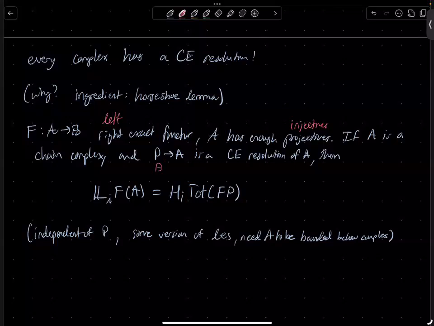So here, if B is a cochain complex and B into I is a resolution, then we get R^i F on B is the cohomology of the total complex of F(I). Okay, great.